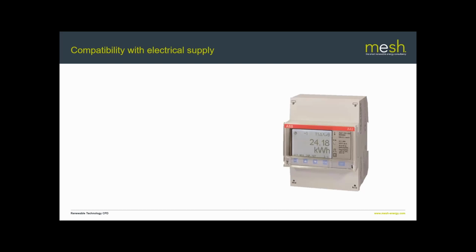So electrical supplies, I've talked about this a little bit already, but I just really wanted to clarify where electrical supplies come into this. Most houses in the UK have an electrical supply from the distribution network operator, which could be rated up to 100 amps.